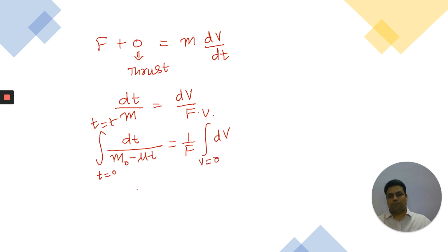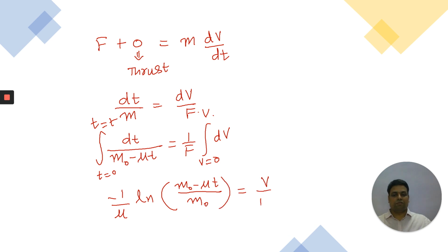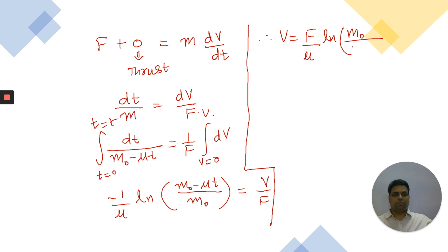So we would have minus 1 by μ ln of (m₀ − μt) by m₀ equal to v by F. So we can write the velocity as v equal to F by μ times ln of m₀ by (m₀ − μt), the velocity as a function of time.